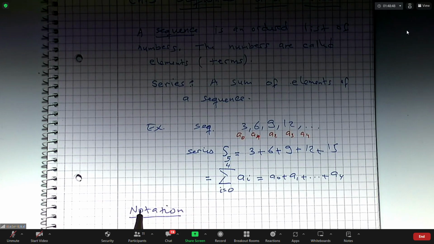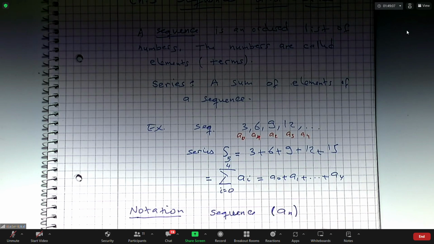Now in literature, I saw different notation. Here I'm going to use for a sequence a very simple one: just A sub n enclosed within parentheses. So this would refer to the entire sequence.